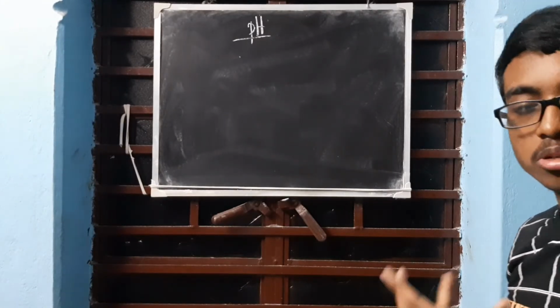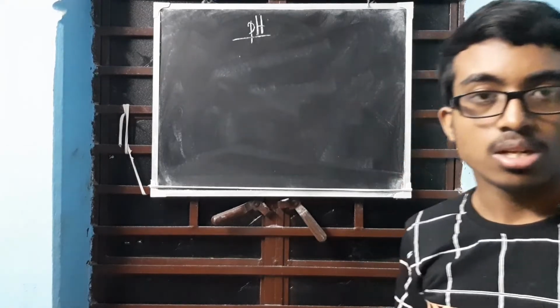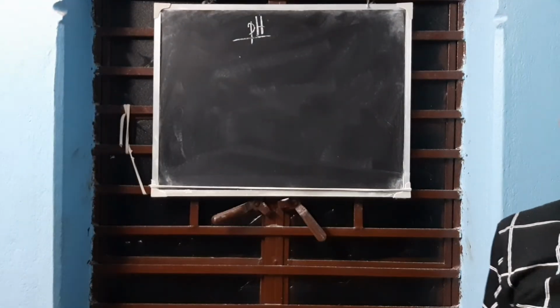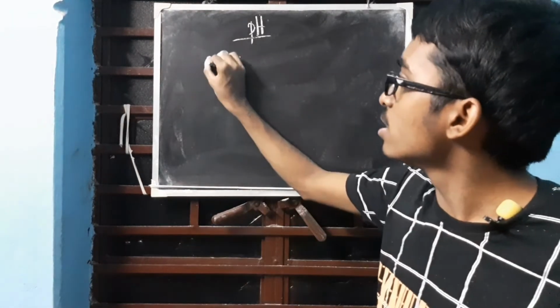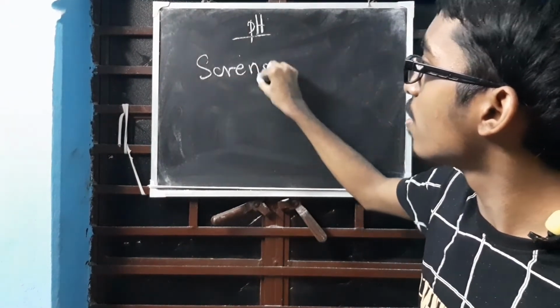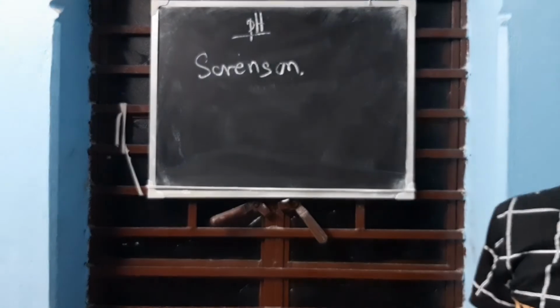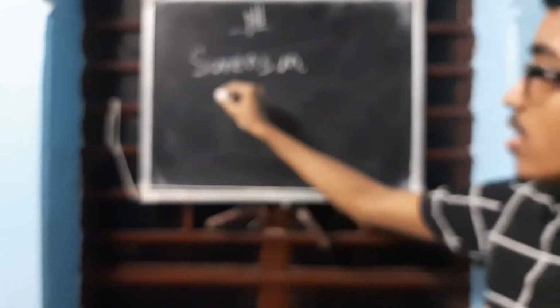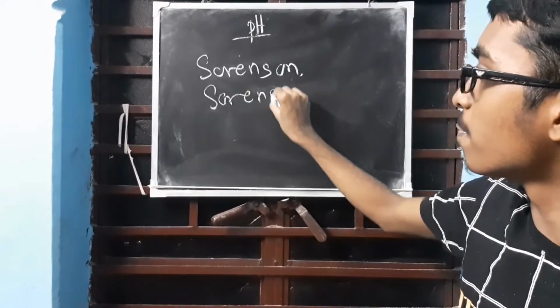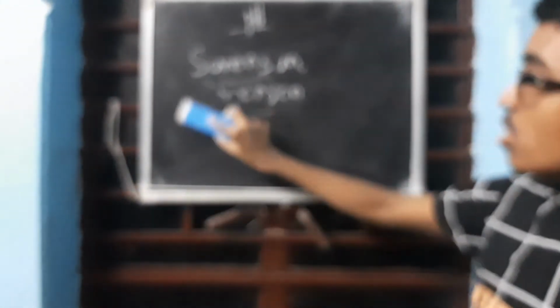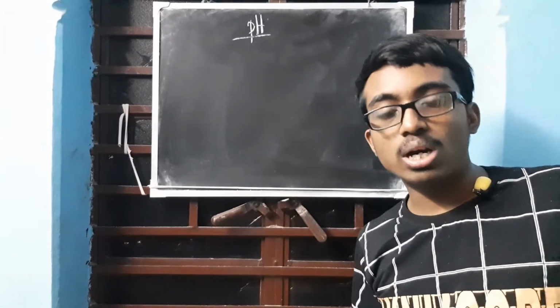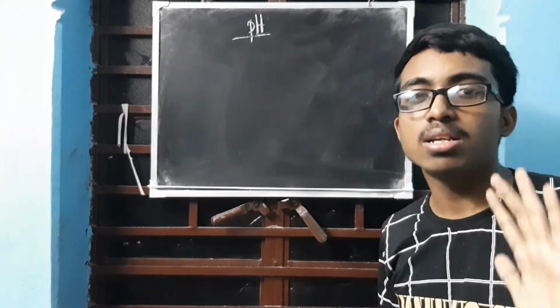pH. As I have already told you, pH is potence of hydrogen. A scientist named Sorensen, in 1909, devised a scale called the pH scale to identify which one is acid, base and alkaline.